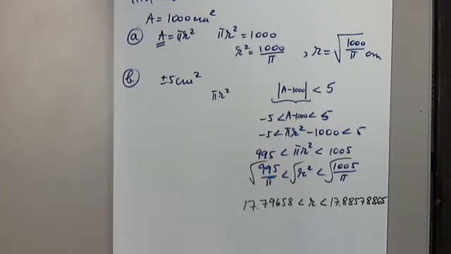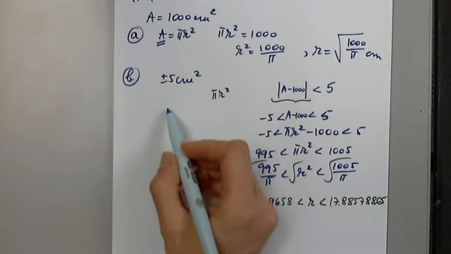So I'm going back to the problem and I read the question one more time. If the machinist is allowed an error tolerance of plus or minus 5 centimeters squared, which is on the area for sure, in the area of the disk, how close to the ideal radius in part A must he control the radius? So in other words, here we were given epsilon.